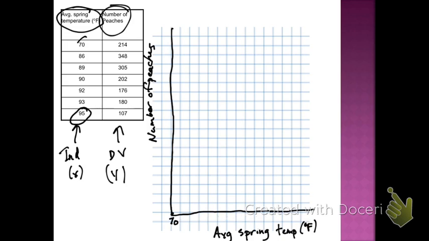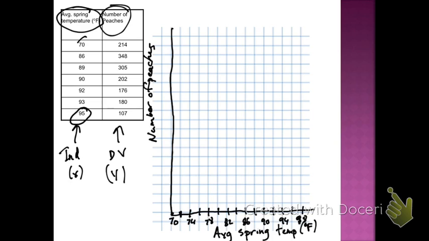If I start at 70, this line will be 72, this will be 74, and I'm going to go every other. This is 76, this is 78. The reason why I'm going every other is just because I don't have enough space. So that's 84, 86, 88, 90, 92, 94, 96, 98.